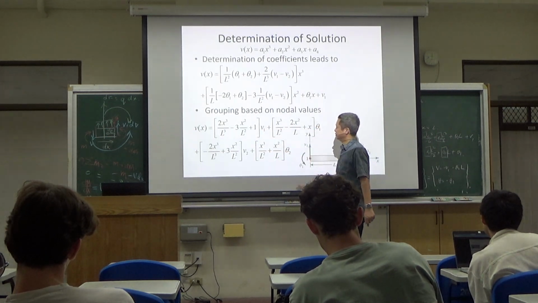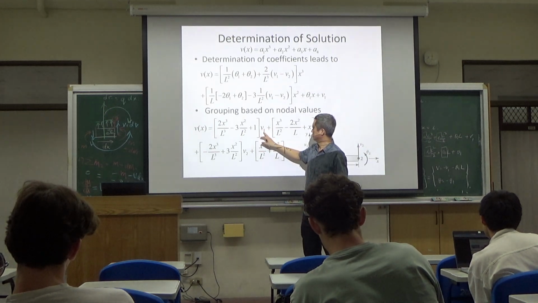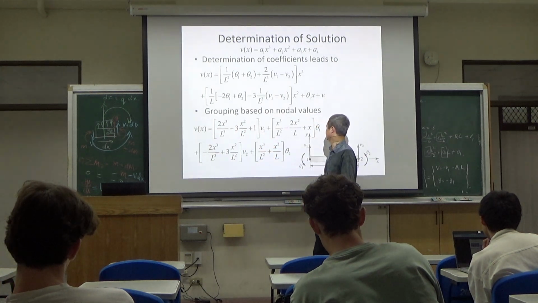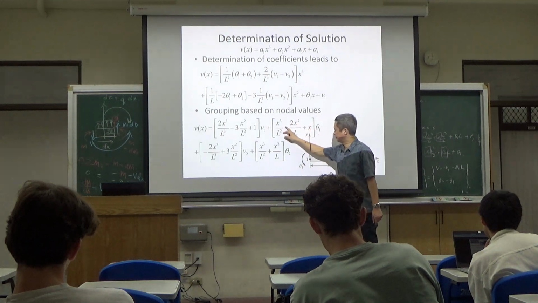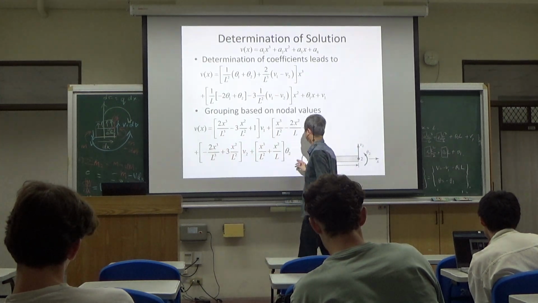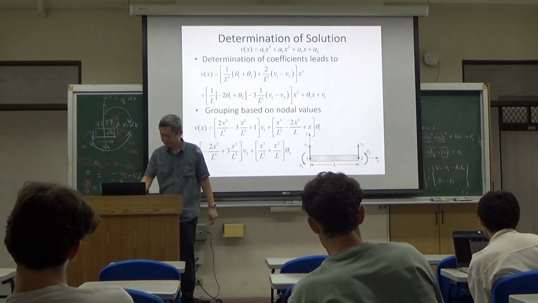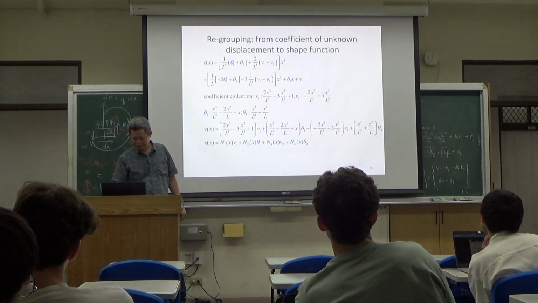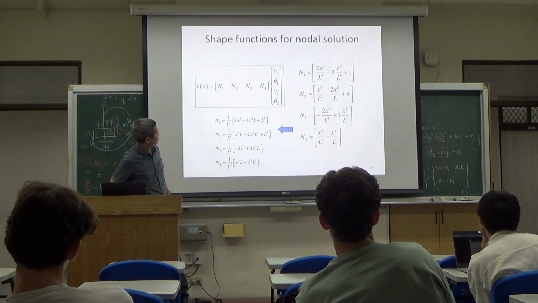The first shape function is associated with vertical displacement: V1 times the first shape function, and then the angle times the second shape function, plus V2 times the third shape function, and then the angle theta 2 times the fourth shape function. It might look a bit complex. What does the shape function mean?